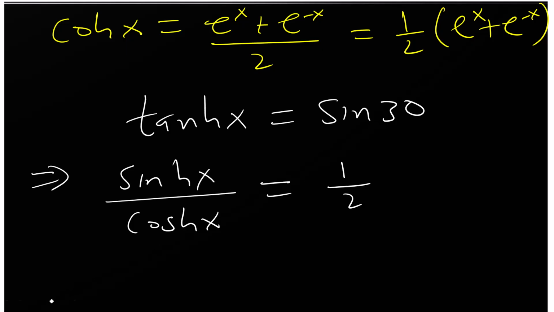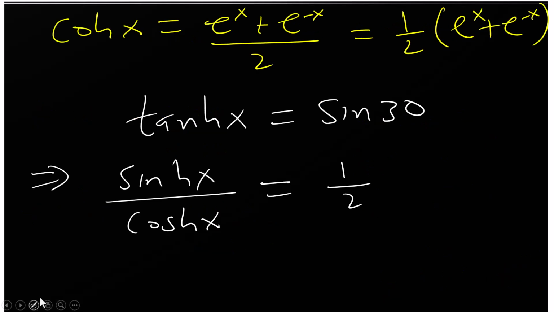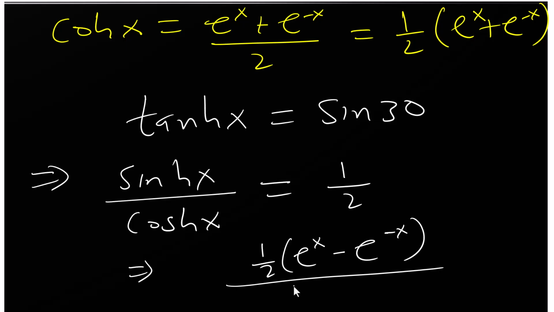So sinh x, that is half of e to the power x minus e to the power minus x. So from here you can say half of e to the power x minus e to the power minus x on the cosh, half e to the power x plus e to the power minus x, equals half.